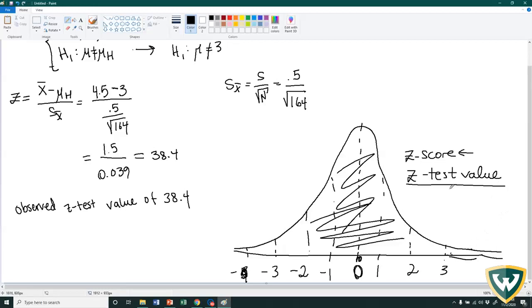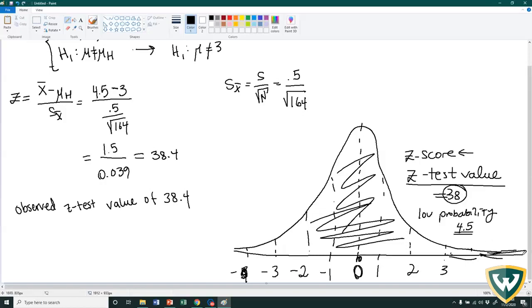And if I get a z-test value of 38, then I can figure out that it is a very, very, very, very low probability that I randomly found 4.5 among my sample in terms of their responses.